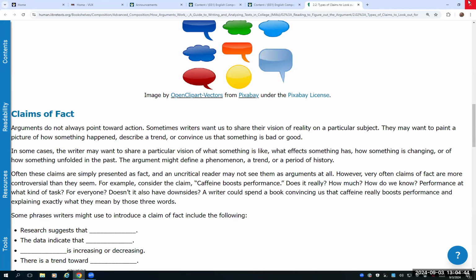Someone who is doing fast thinking will look at these statements or these claims that an author is making and just accept it as truth because they're not slowing down to think more critically about it.